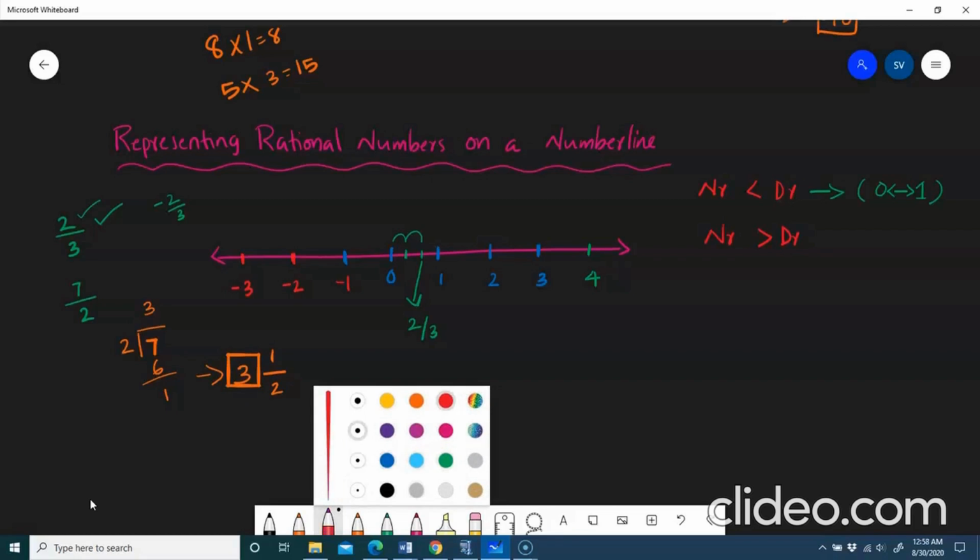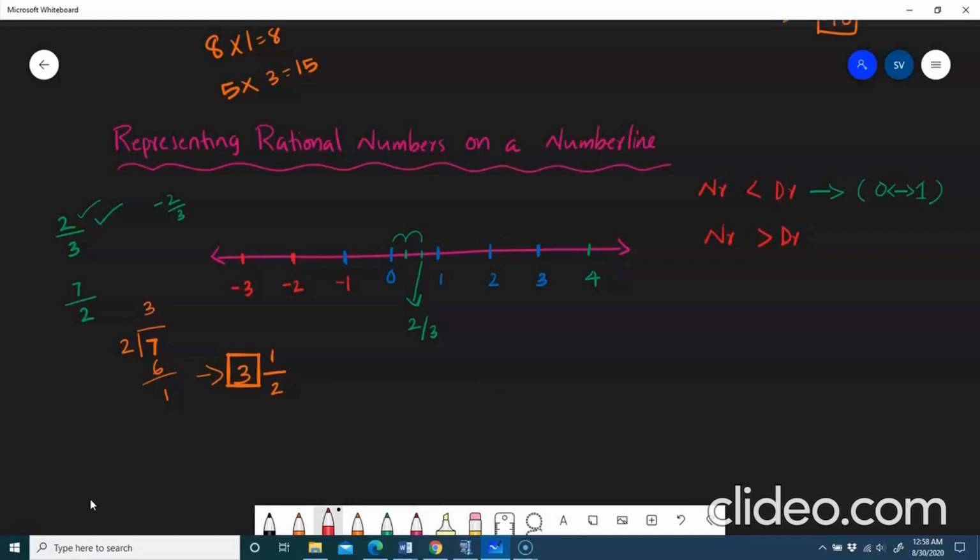What is the whole number part? It is 3. Where is 3? It is here. So you can plot your number after this whole number section. Now you can use the first rule, numerator less than denominator. This fraction follows that rule. The denominator represents how many parts there are.